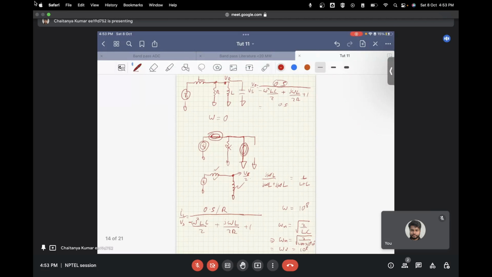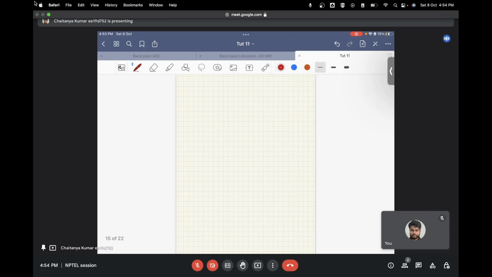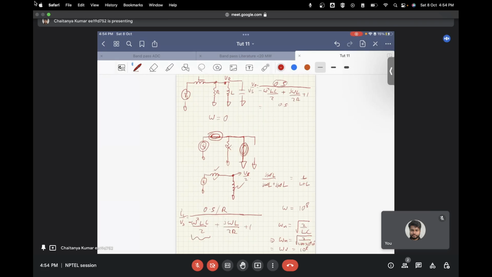And since the circuit is in resonance, what you will have ultimately is the following. The circuit is in resonance, so what you have is IR by Vs at omega equal to 10 to the power 8. This quantity goes to minus 1, and this gets cancelled by the other quantity.